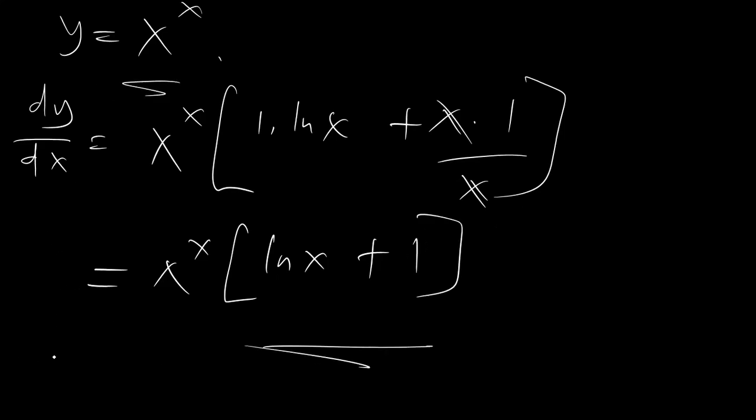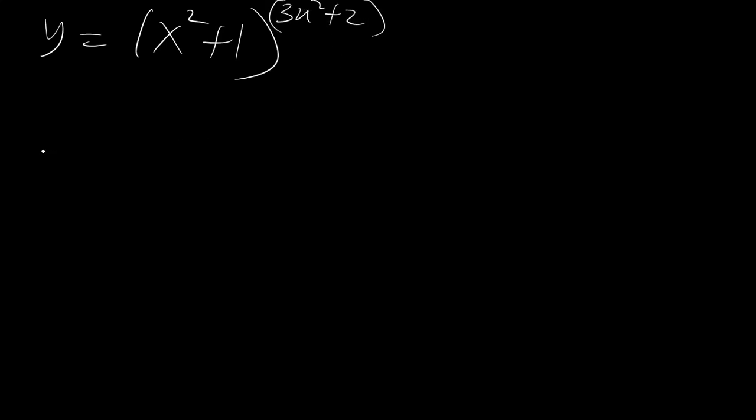Now if we have something like y, let's say you have x squared plus 1 to the power 3x squared plus 2. Now we're asked to find the derivative of this.